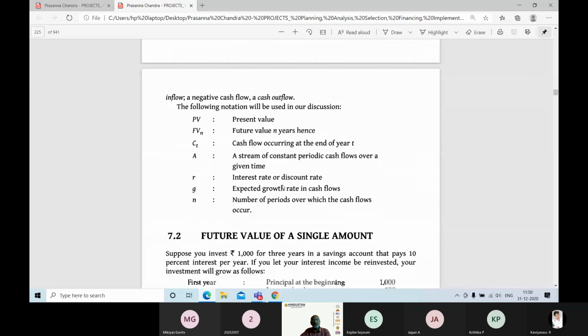So this is the notation available: PV, present value; FV, future value in year T; CF_t, cash flow occurring at the end of year T; A, a stream of constant periodic cash flows; r, interest rate or discount rate; g, expected growth rate in cash flows; N, number of periods over which the cash flow occurs.